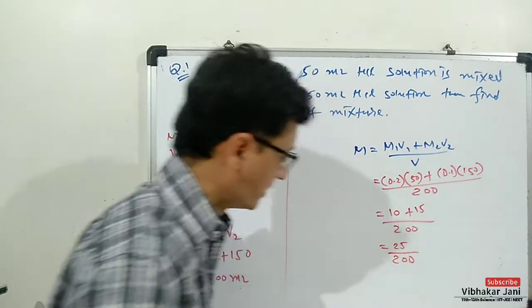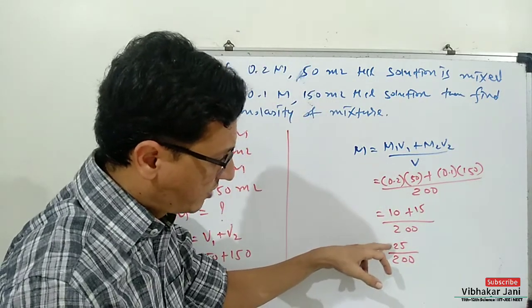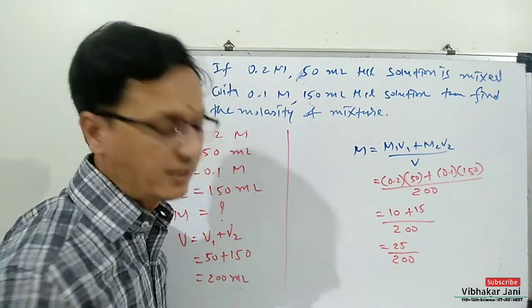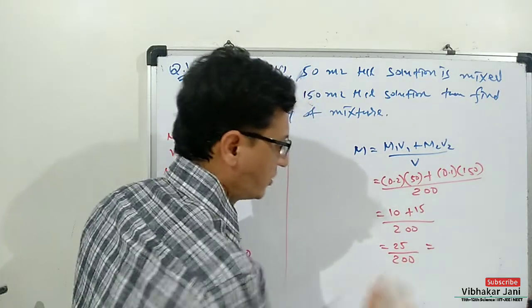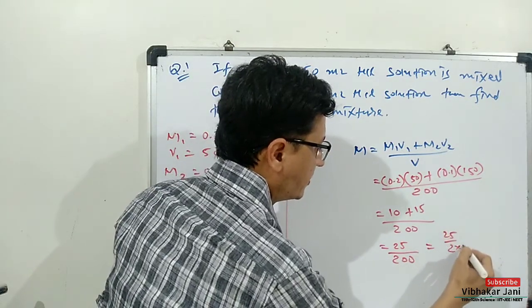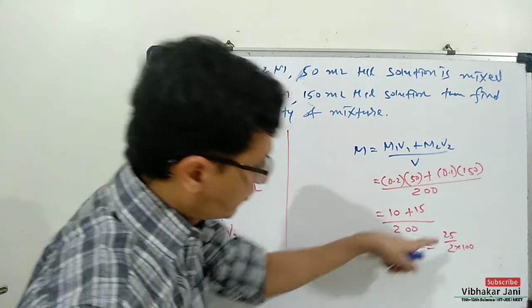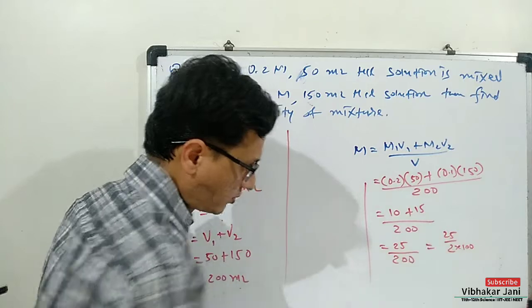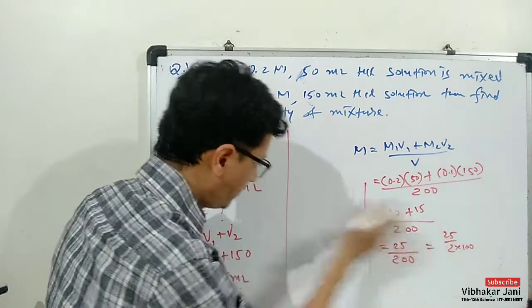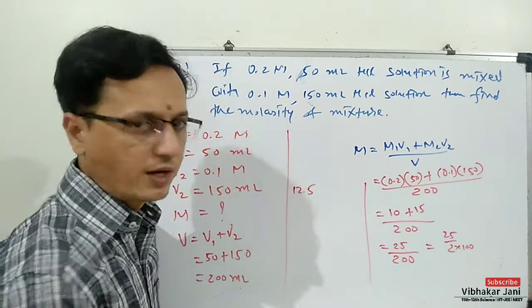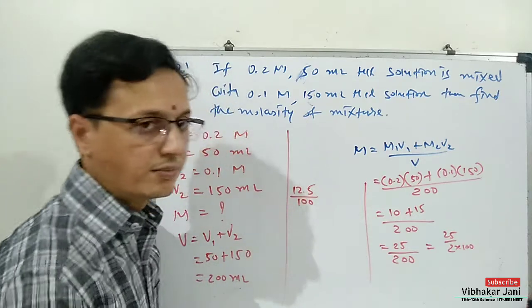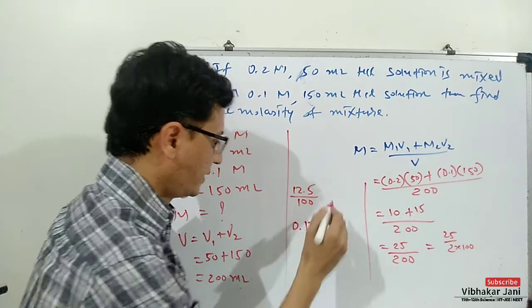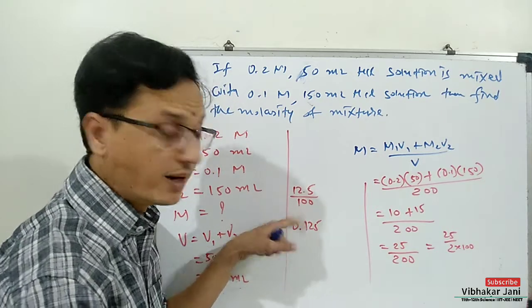Now if you divide 25 by 200, then you will have the final answer, and for that, without using a calculator, you can convert it like this: 25 divided by 2 multiplied by 100. Now 25 divided by 2 will give us 12.5, but it is divided by 100 also. So ultimately you can write it as 0.125 because it is divided by 100.